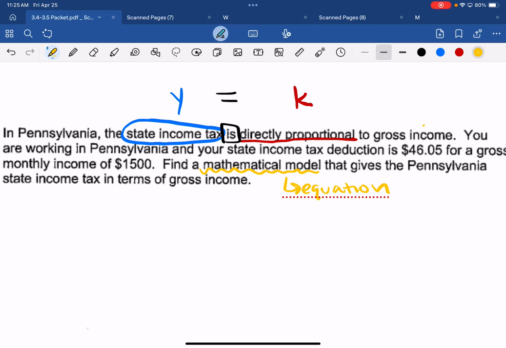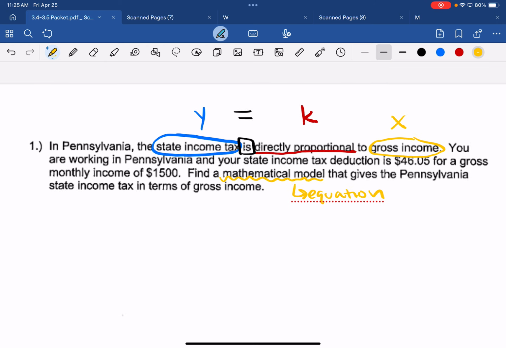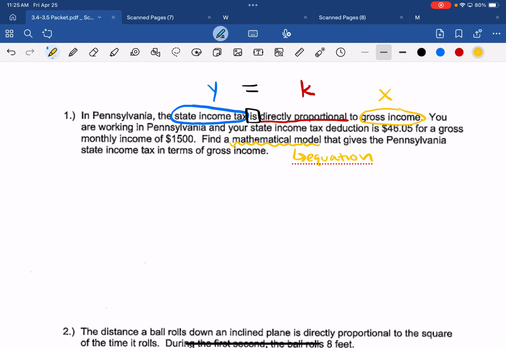And then the last thing I have listed is my x. So the order that the sentence is written is giving you what your equation is going to look like. The first thing's my y, is means equal, directly proportional tells me I have the k in there, and then gross income is last. So you can label it like this. Let's just make sure we also define our variables.